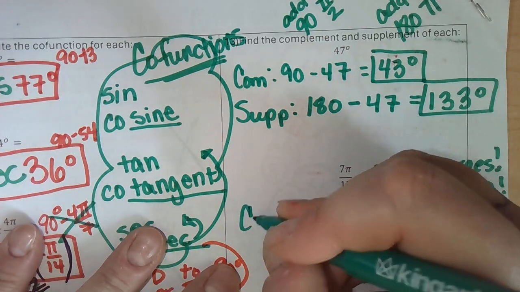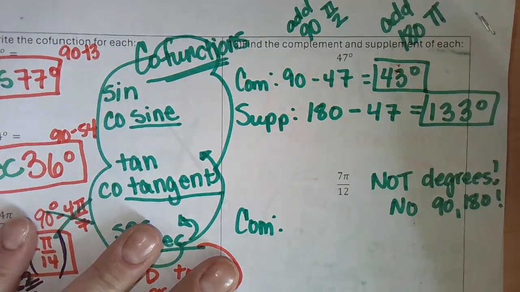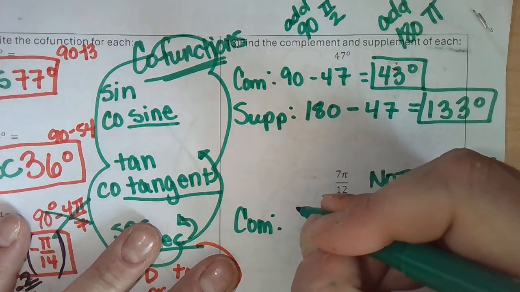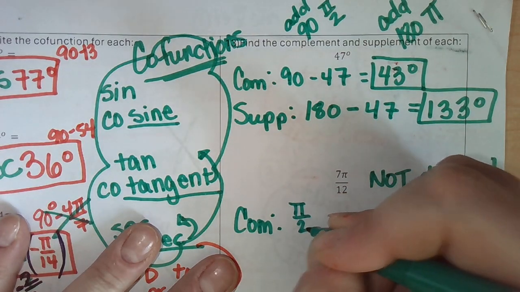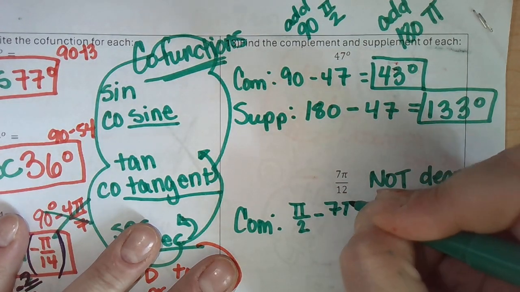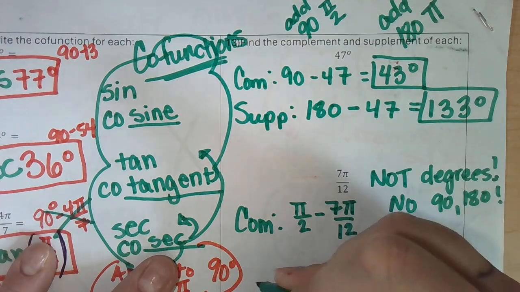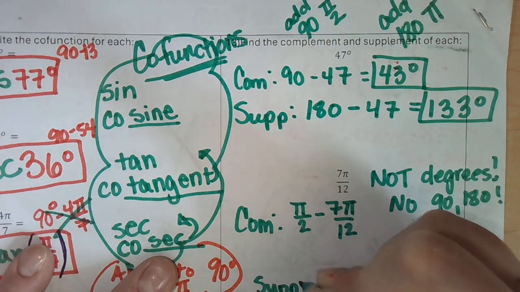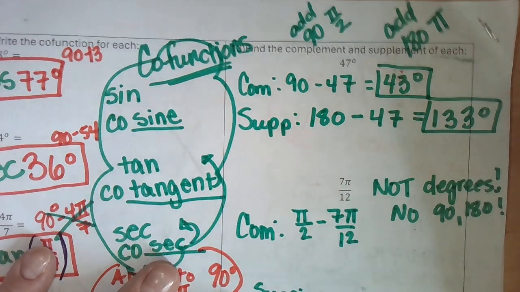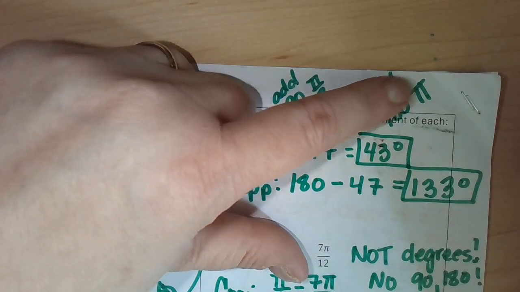For the complement, instead of subtracting from 90, let's subtract from pi over 2. And then for the supplement, instead of subtracting from 180, we're going to subtract from pi.